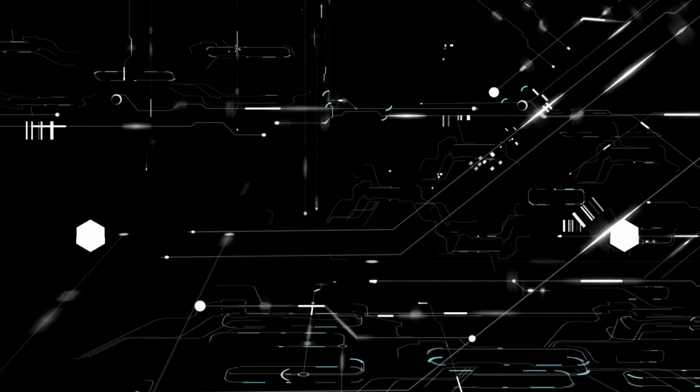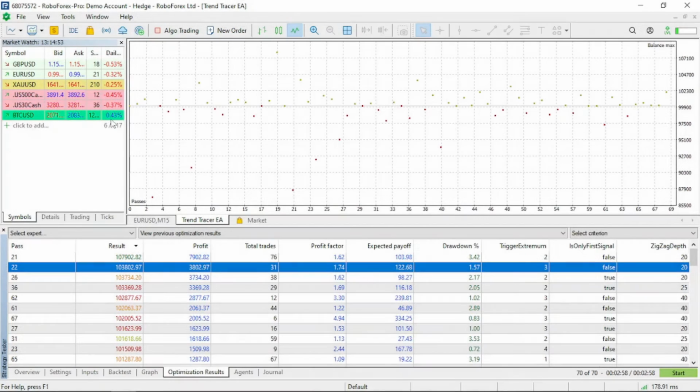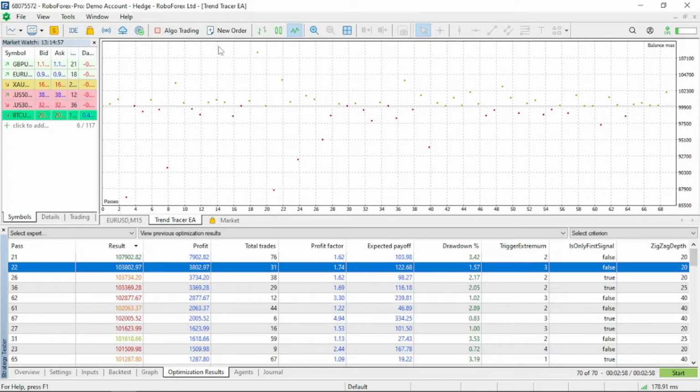Let's take a look at the optimization results. So you'll see a wide variety of different results for Trend Tracer EA. You have the option under optimization results to sort according to different options to find the strategy that best suits you.